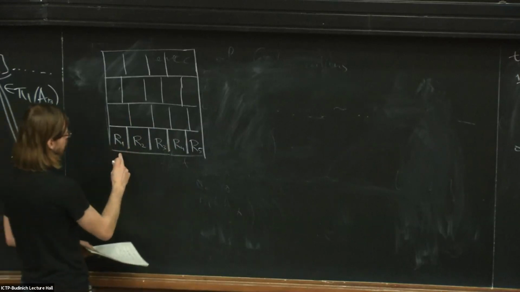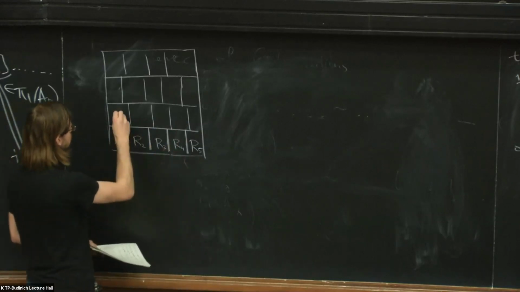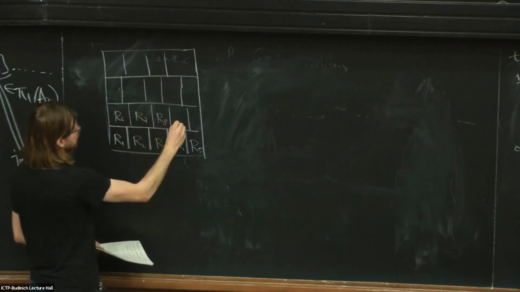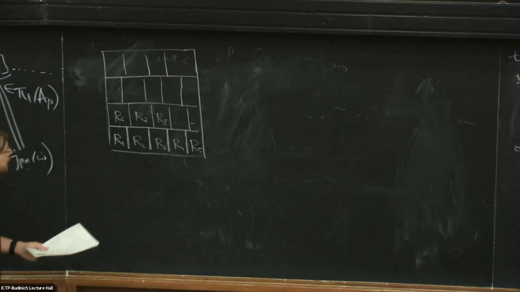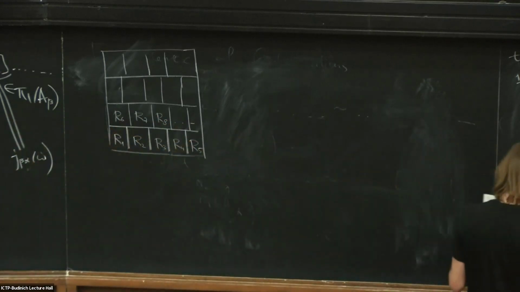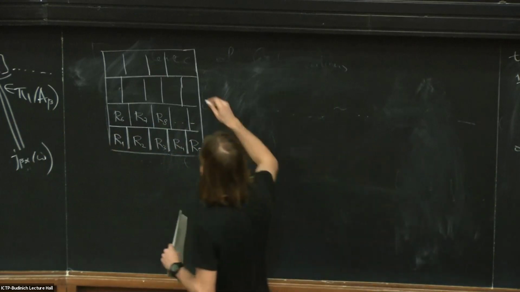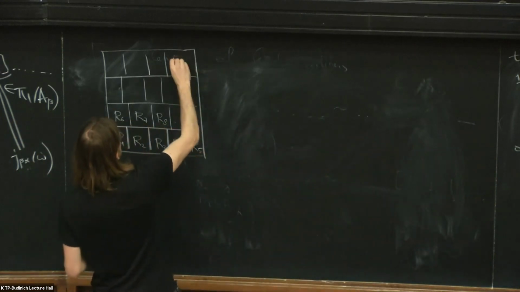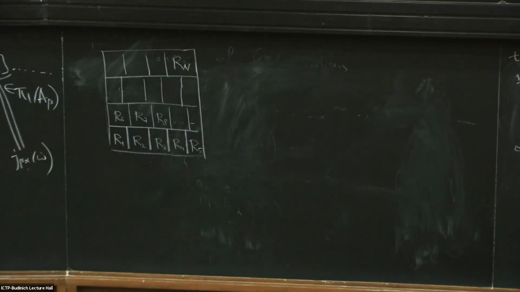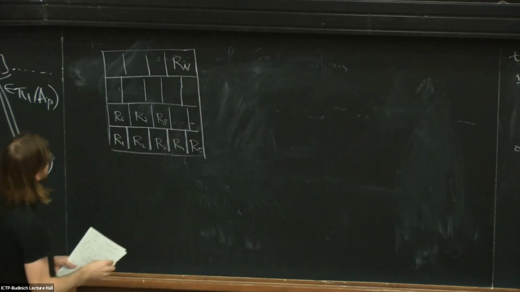So in this example, it will be R1, R2, R3, R4, R5, R6, R7, R8, and so on. Let the final one be Rn, for some big N.